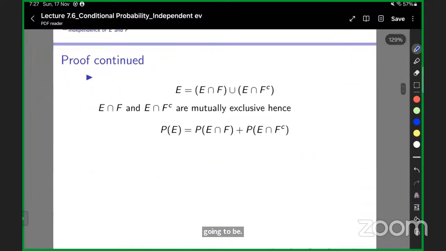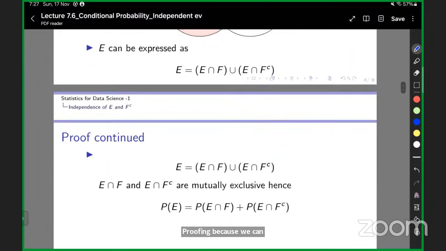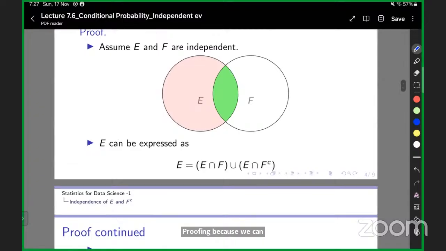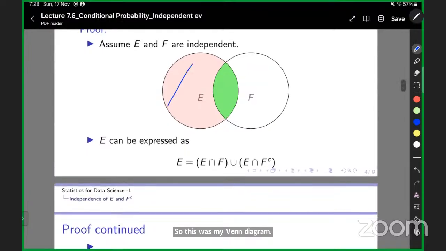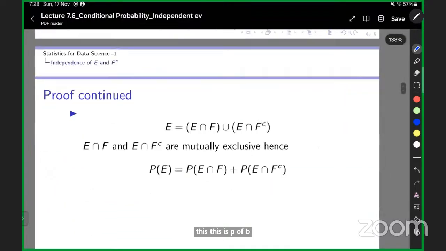Okay, the proof starts like this. Let's say this was my Venn diagram, and I want to figure out what this is, right? P of this is P of E, and it is common with F complement. This is what I want to find out. And the proof of this starts like this.